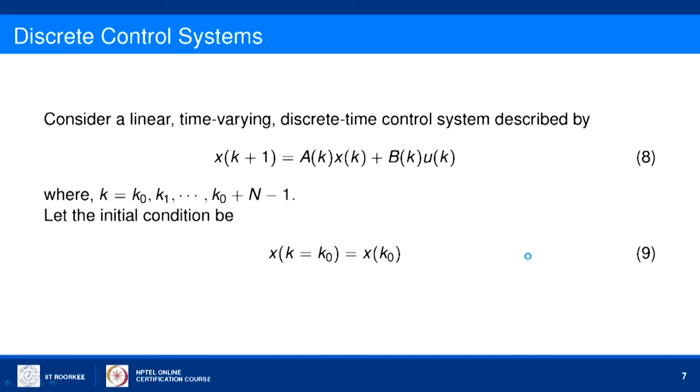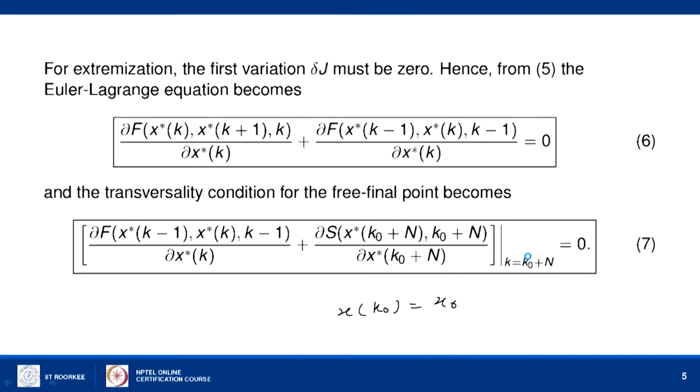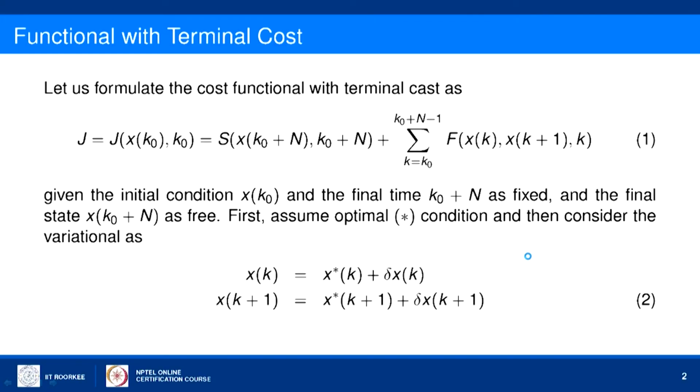Now we will consider the optimal control problem. Earlier we have seen only optimizing a cost function J, but now we want to optimize J under a constraint.